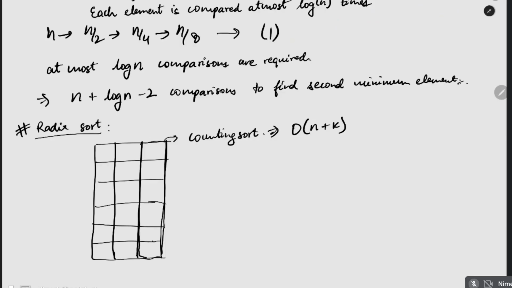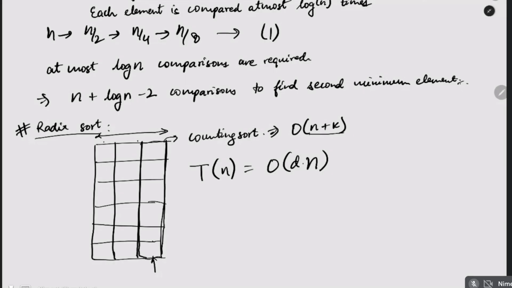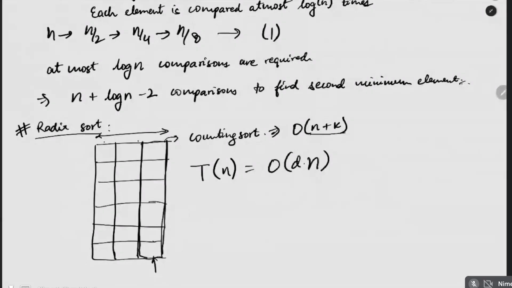Since we do it for the number of chunks, the time complexity for radix sort is order of d times n: order of n for each counting sort, and d times for the number of chunks, the number of digits.